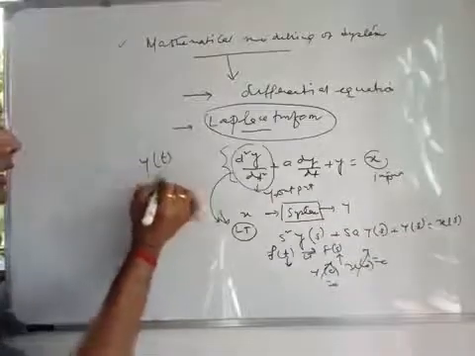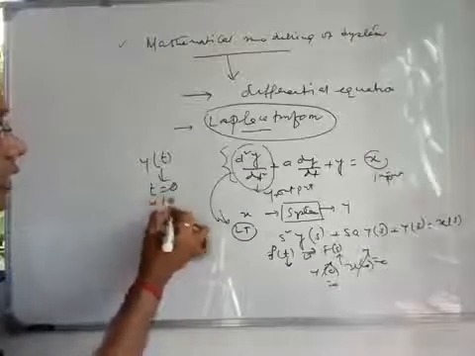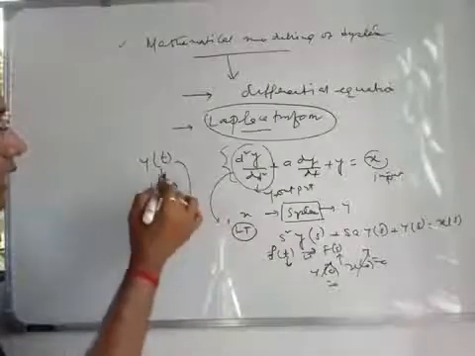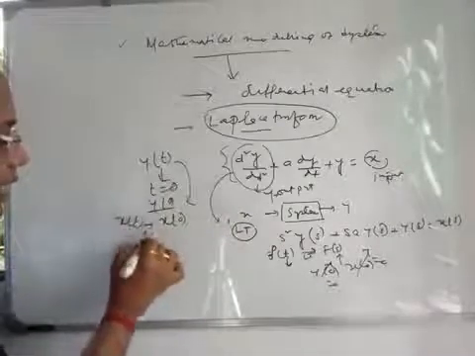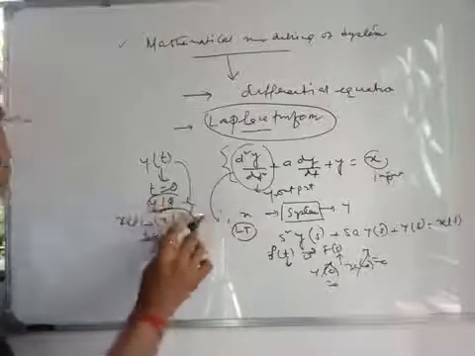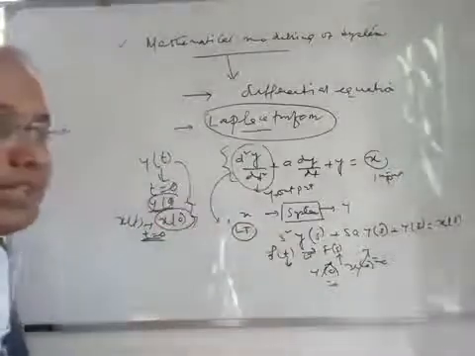Output y(t), initial value means at t equal to 0, the value of y(t) is equal to y0. Similarly, x0 means the value of x(t) at t equal to 0. So these are the two initial conditions, that means initial values of the output and input. These values are taken as 0.